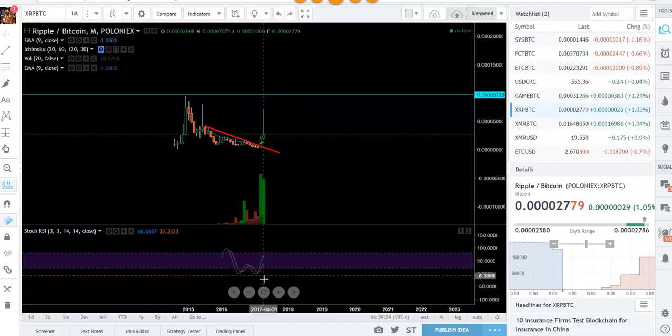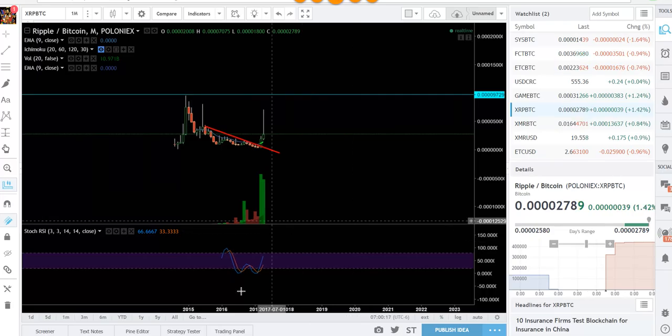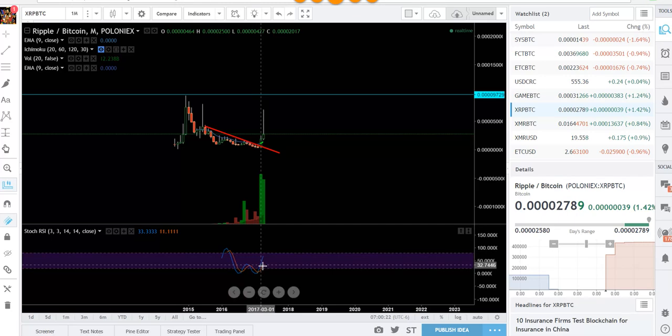But mind you, as this monthly stochastic RSI is continuing to grow, the smaller time frames are going to oscillate. So this is your bigger picture, and you're saying, this thing looks like it could be making a new market cycle. It has a lot of higher time frame monthly strength to push us to higher levels. So you keep that in your mind, that there's a lot of strength that could come out of this as we grow for the next couple months.